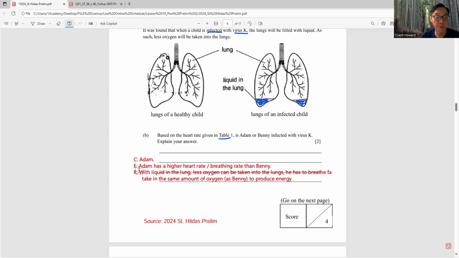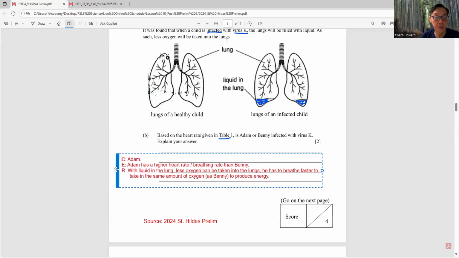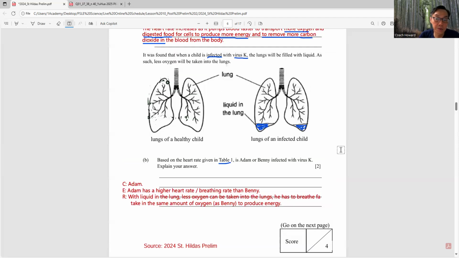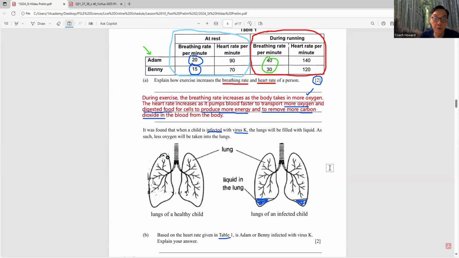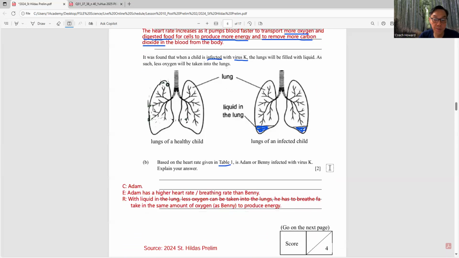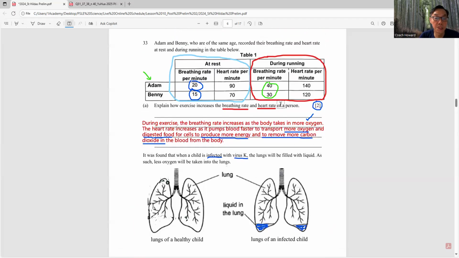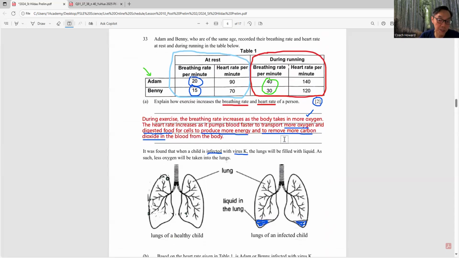So this is the explanation for this using the CER, because some schools use this CER concept to help their students answer. Conclusion, evidence, and the reason. So once again, this question is a very good question. Total 4 marks in a PSLE prelim examination of St. Hildas 2024 exam. So this part, I highly encourage you to memorize and to commit to your memory, for both P5 and P6 students.